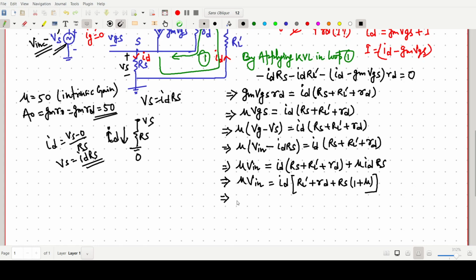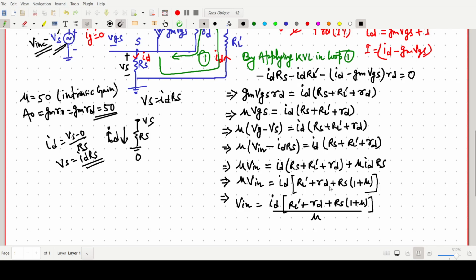V in is nothing but simply ID times (RL dash plus RD plus Rs(1 plus mu)) divided by mu. Is it okay? It's very simple, only calculation is there.